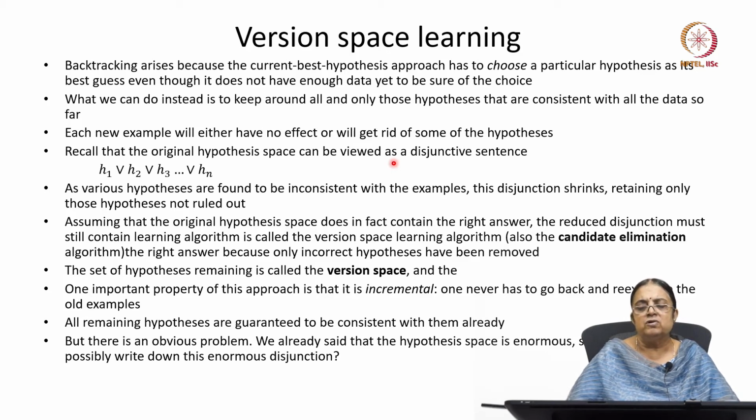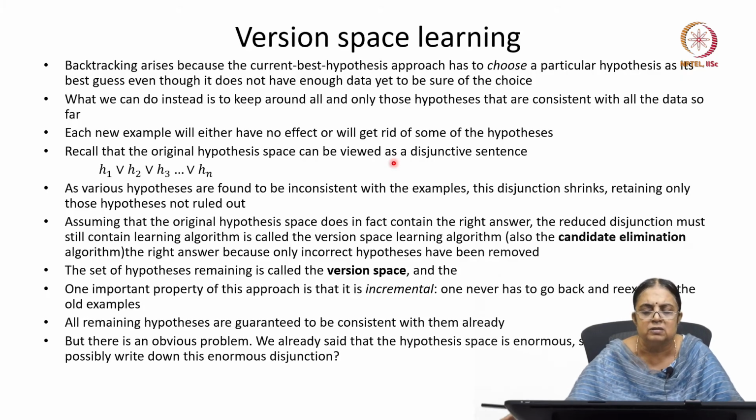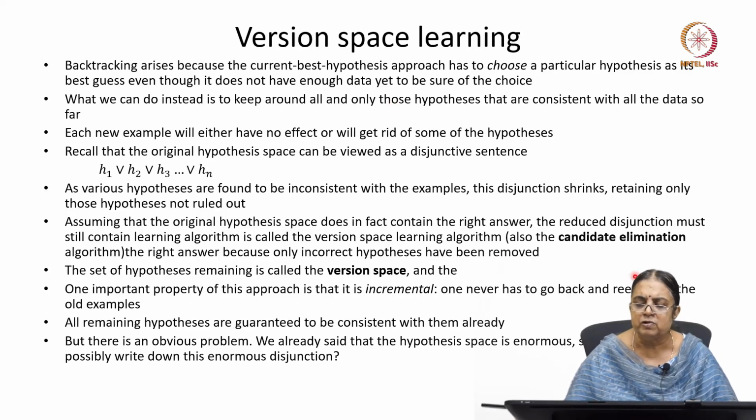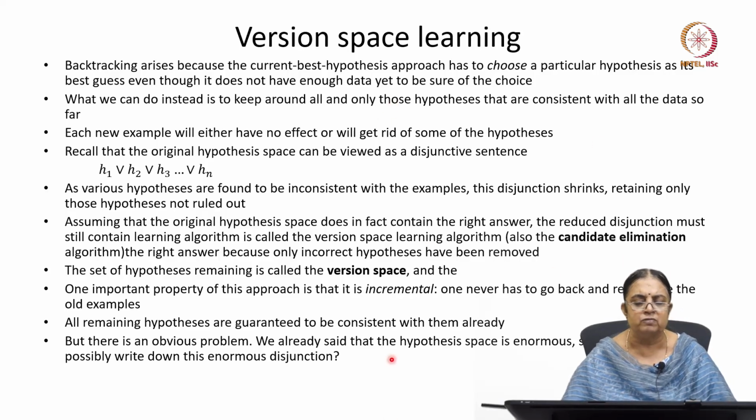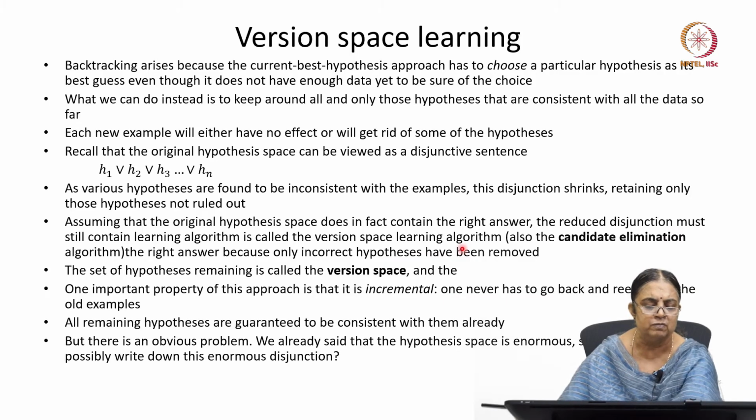So you shrink the hypotheses until you come up with the hypothesis which is consistent with all the examples that you have. This type of learning is called version space learning. It's also called the candidate elimination algorithm, basically the version space learning algorithm or the candidate elimination algorithm.